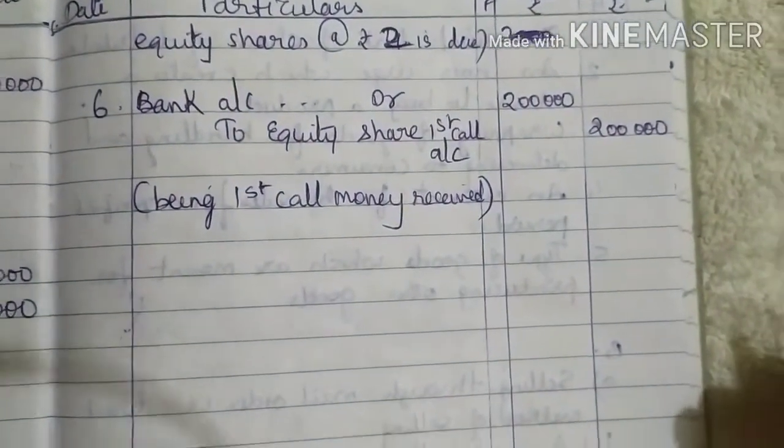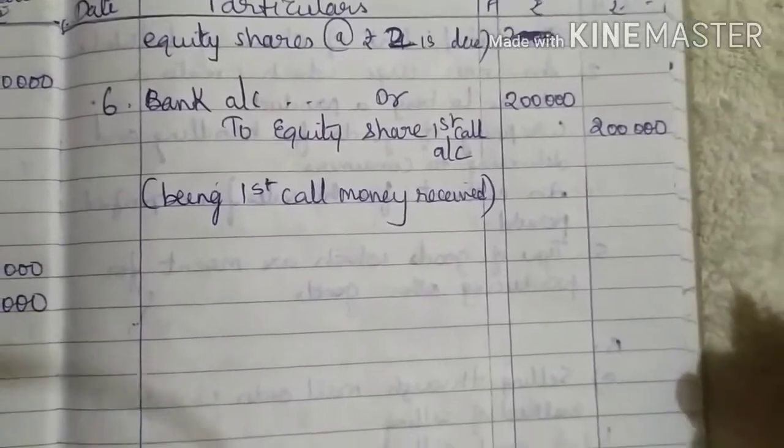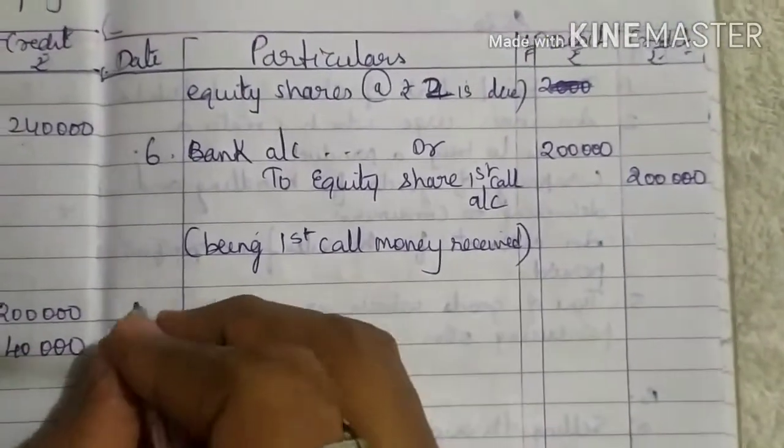Bank account debited to equity share first call account, being first call money received, which is 2 lakh rupees.